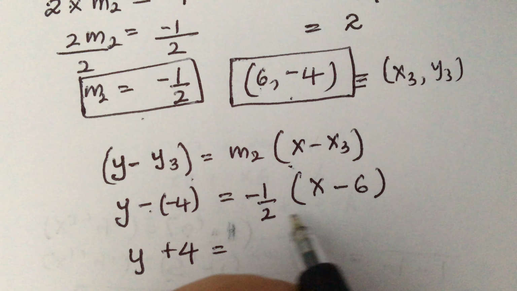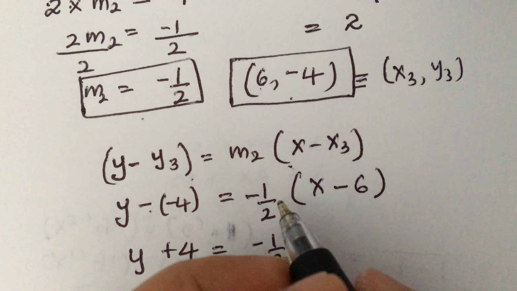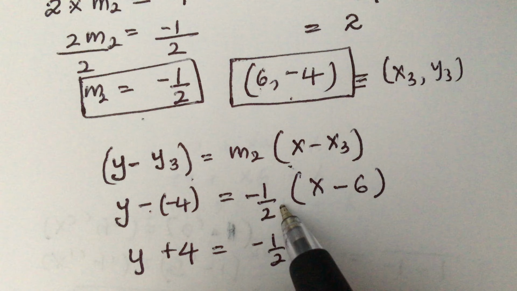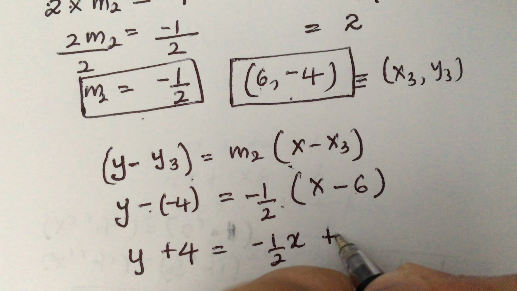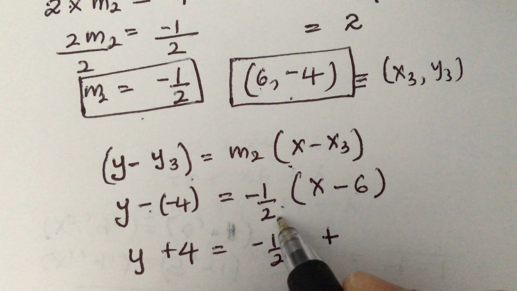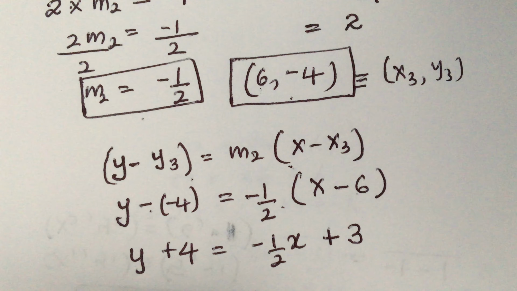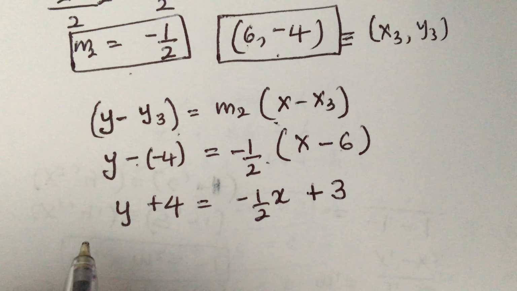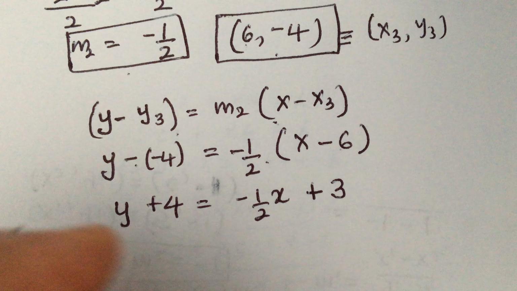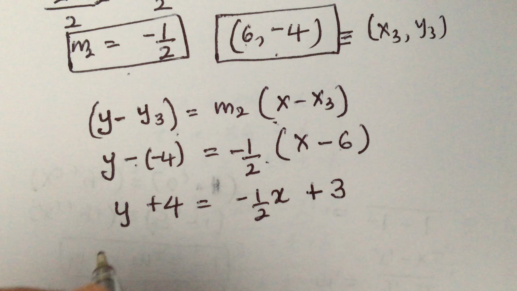I am going to distribute this: -1/2 times x, and -1/2 times -6 gives you positive. 6 divided by 2 is 3. So I'm going to write this equation as y equals mx plus c, slope intercept form. So I have to remove this 4 from this side.